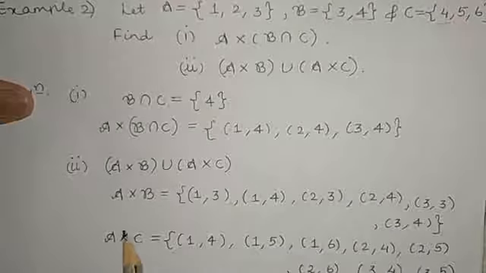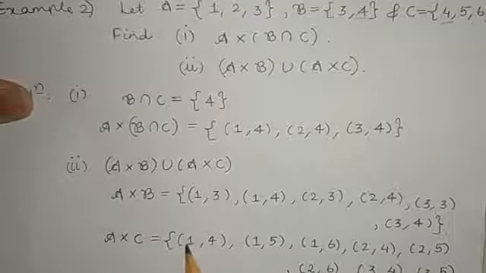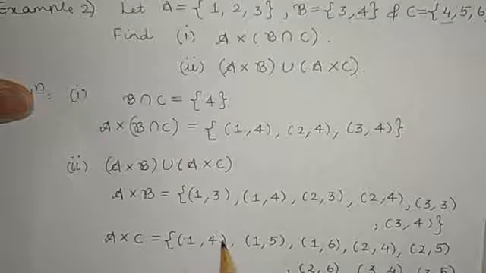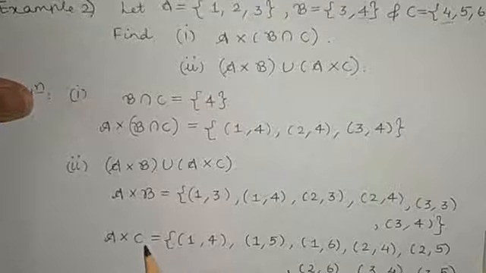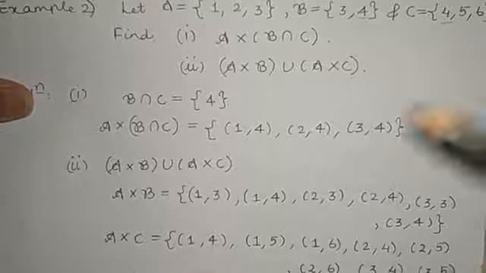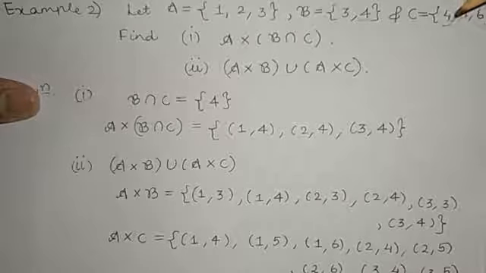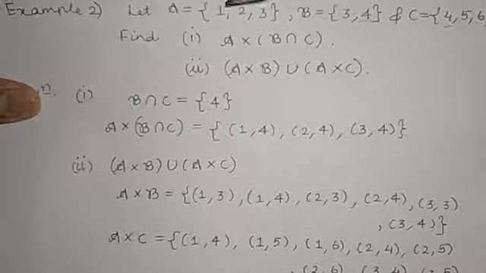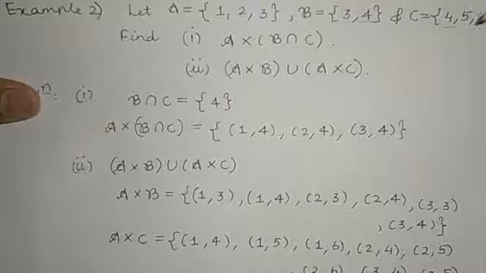Now you have to look at the set A cross C. A cross C will be the elements of the type (a, c), such that a is from A and c is from C. So we can take the ordered pairs in this way: (1, 4), then the next element will be (1, 5) and then (1, 6).